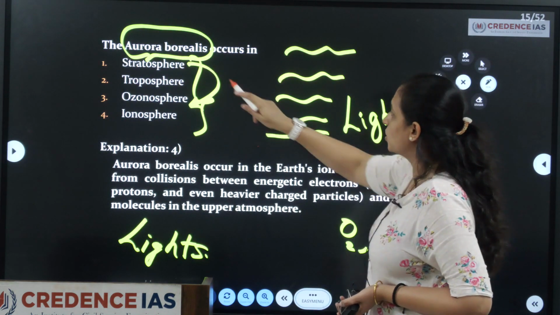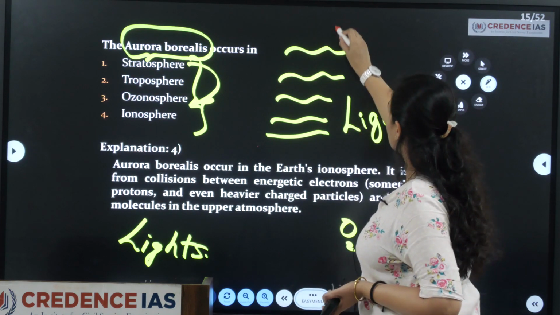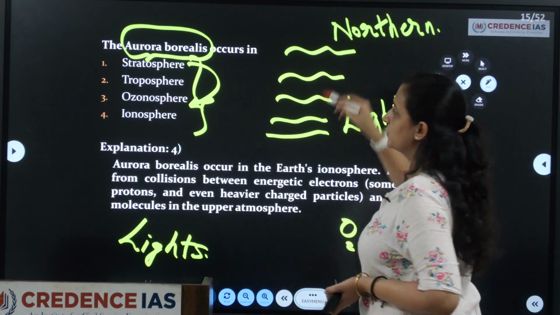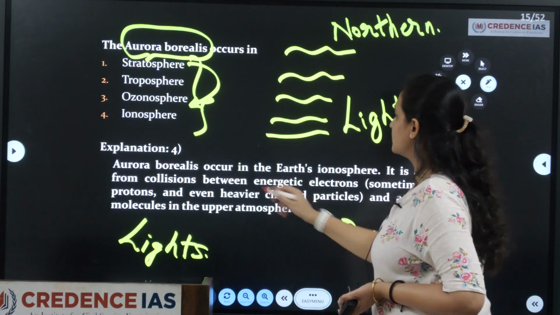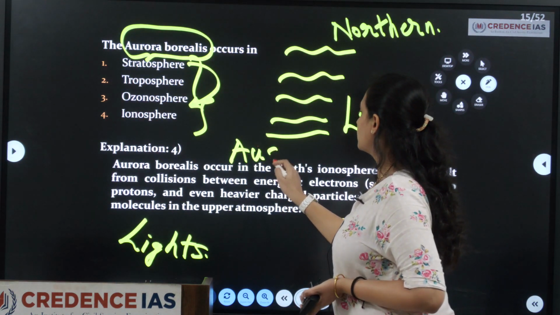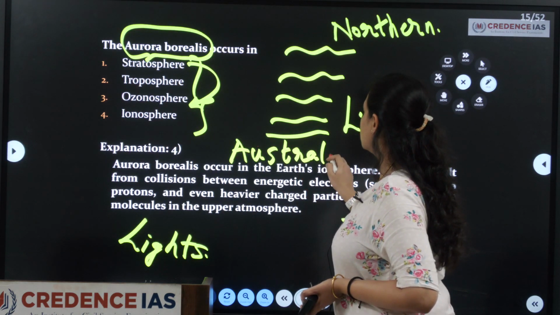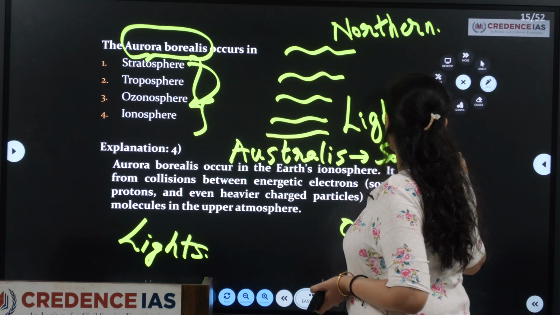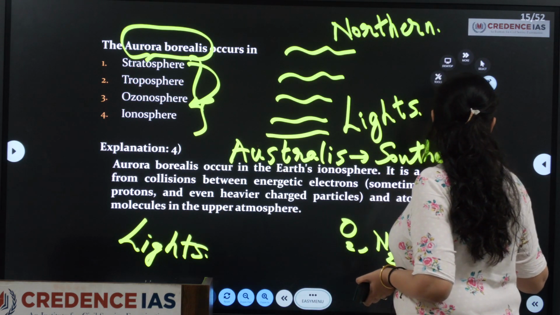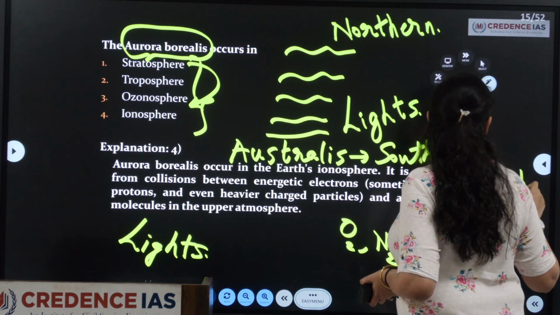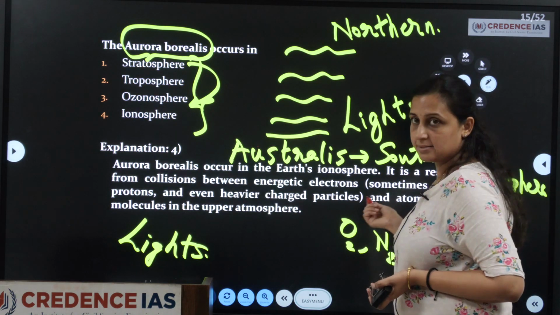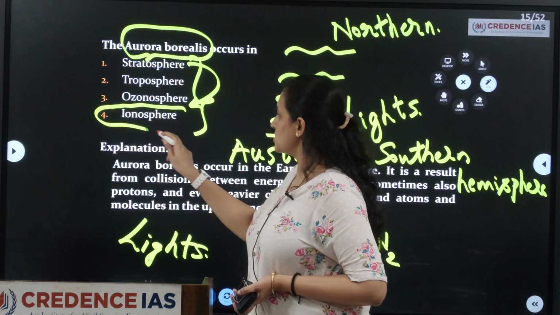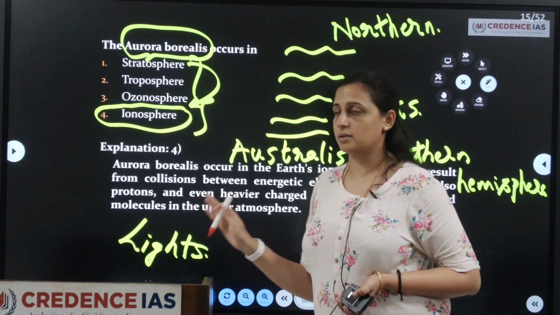Okay. This aurora borealis occurs in the northern hemisphere. Okay. Whereas aurora australis occurs in the southern hemisphere. As here the ions interact with the atmospheric gases, we can easily tell the aurora borealis and aurora australis occur in the ionosphere. Okay.